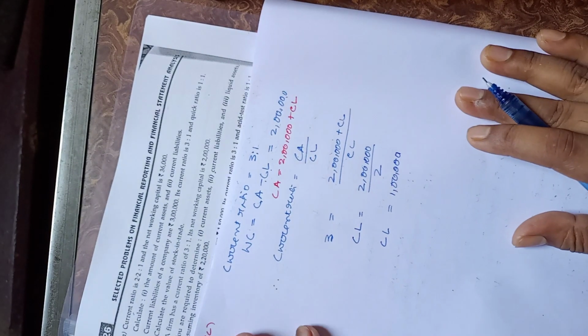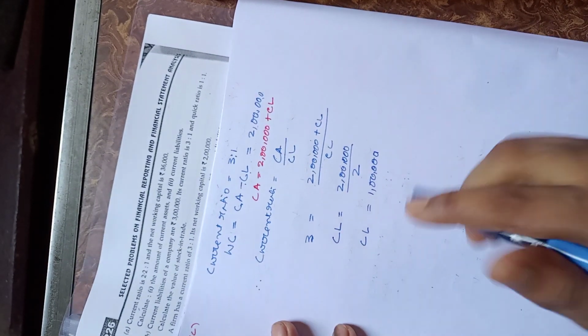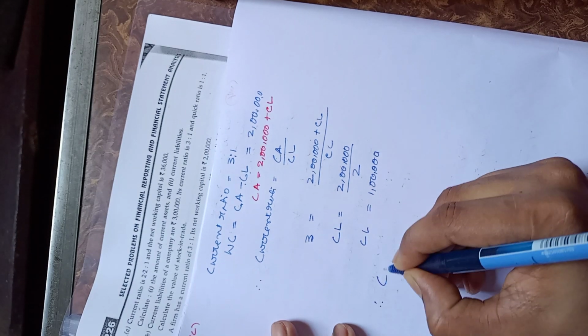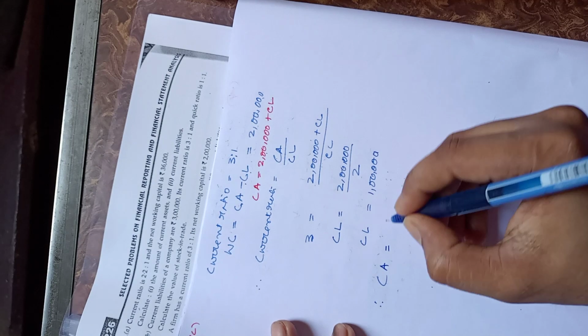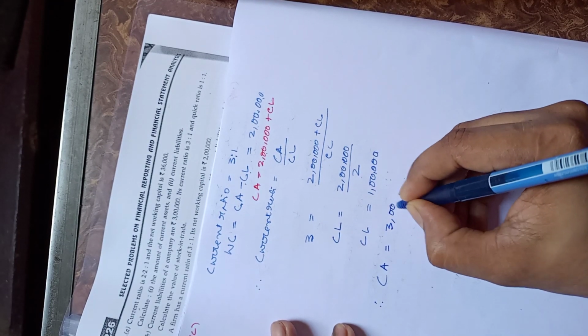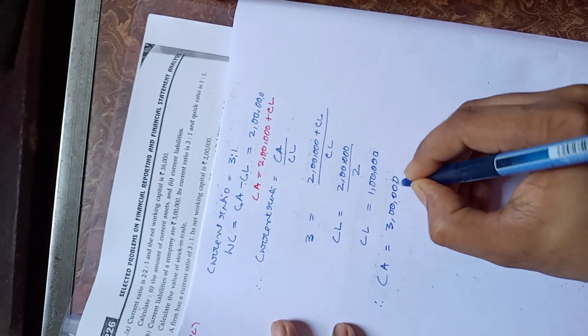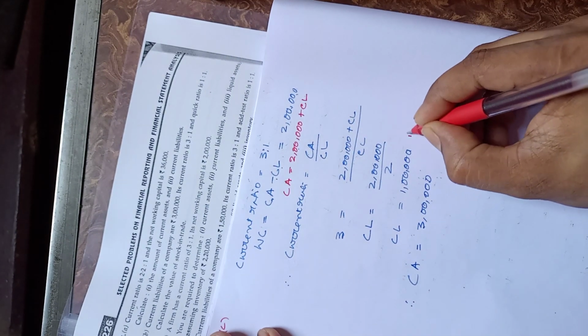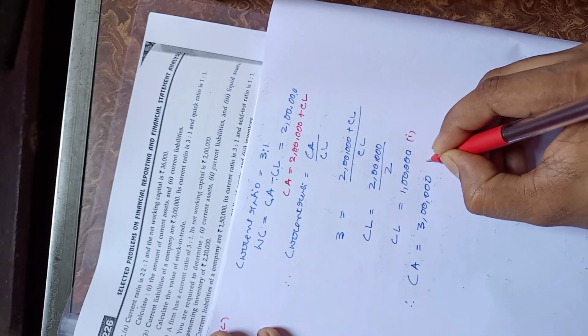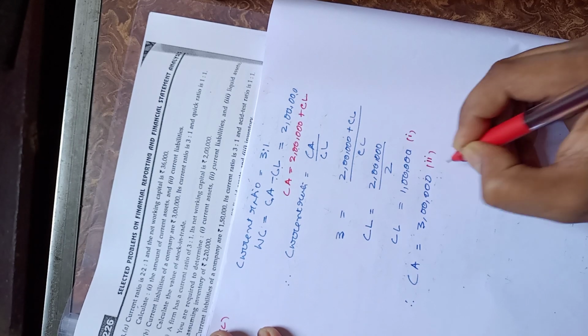And if the current liabilities is 1 lakh, then CA is equal to 2 lakhs plus CL, that means current assets is 3 lakhs. So this is the answer for question 1 and this is the answer for 2.